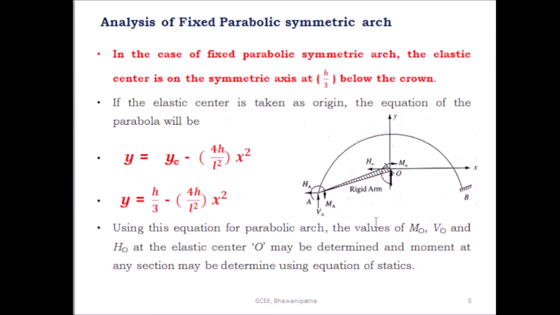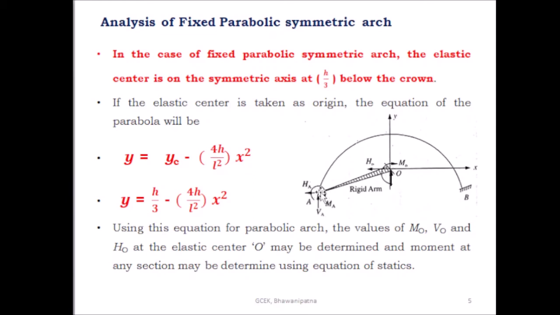Then coming to the analysis of fixed parabolic symmetric arch. Already I have explained in the previous lecture the analysis of fixed parabolic symmetric arch. This is the rigid arm. This is connected to the support A and the elastic center O. So what is the force at the elastic center O?